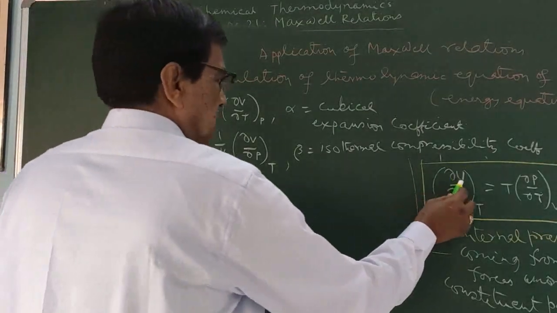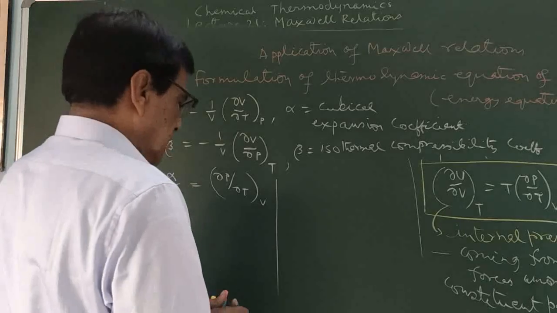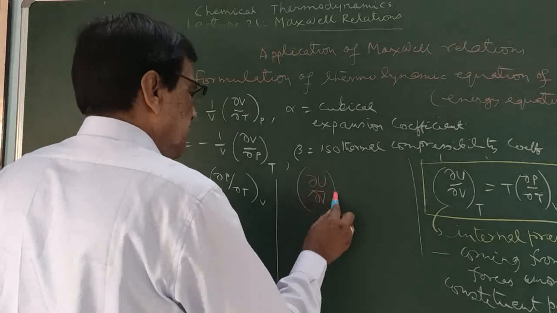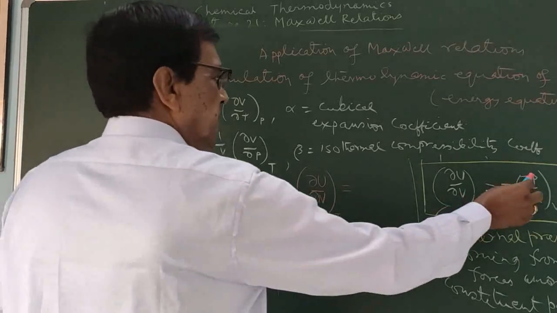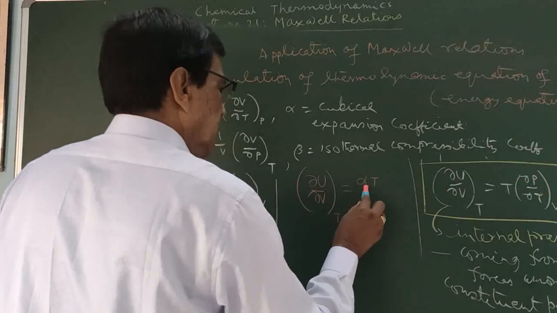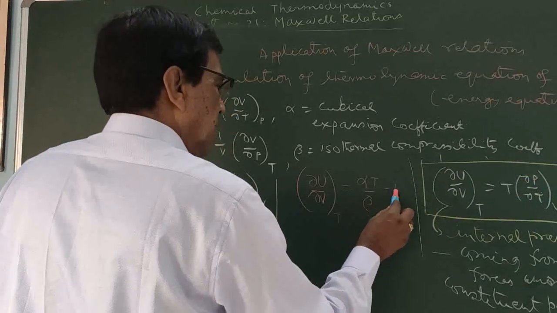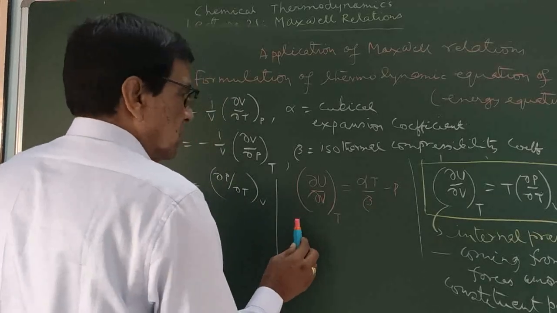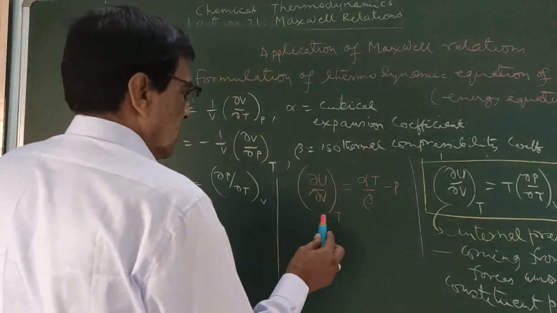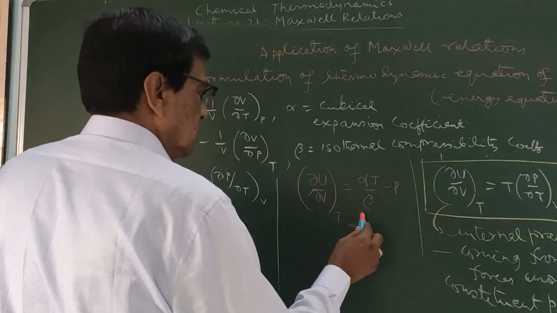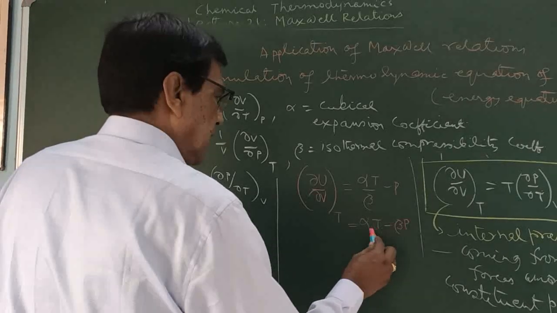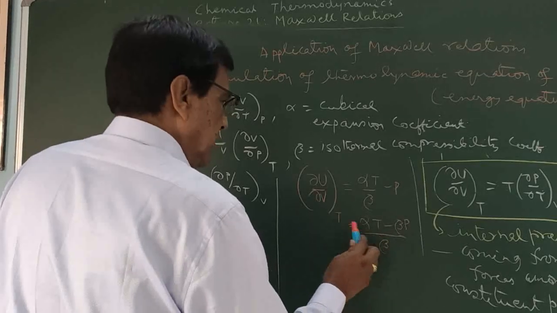So this internal pressure ∂U/∂V at constant temperature, you can write as alpha T by beta minus P, or equal to (alpha T minus beta P) divided by beta.